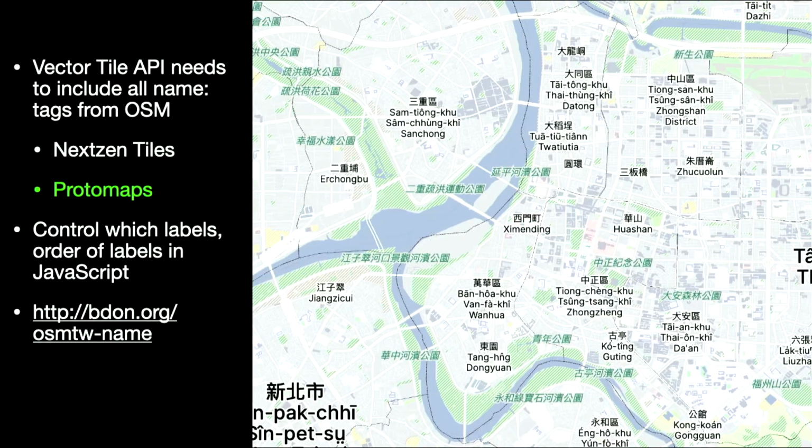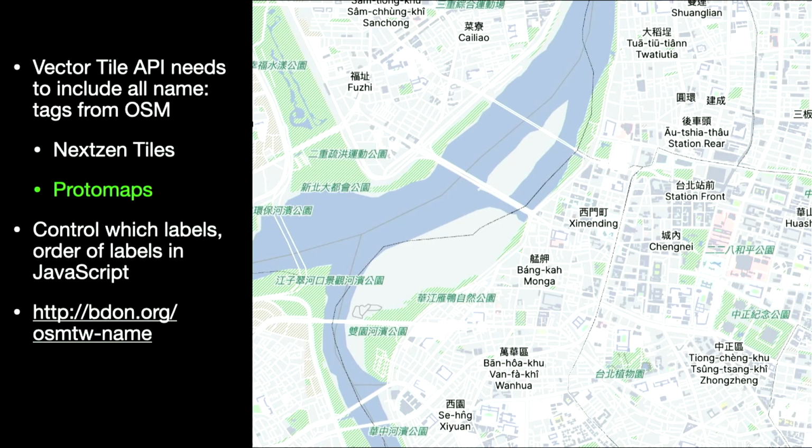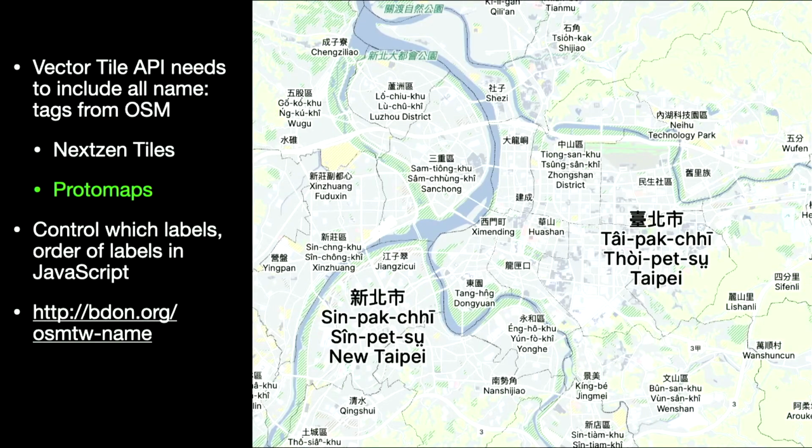This is something that I've explicitly designed like this new service called ProtoMaps to do. It will retain all tags. Some vector tile services will remove less used names. But if you have all the tags in OSM, it's possible to render a map with as many language labels as you want.